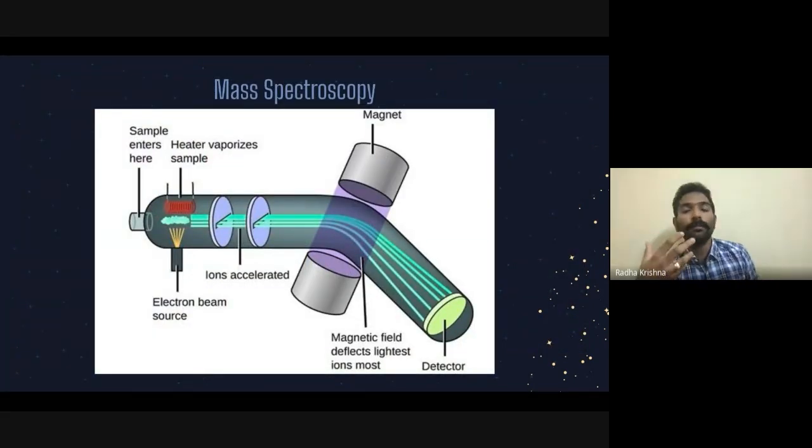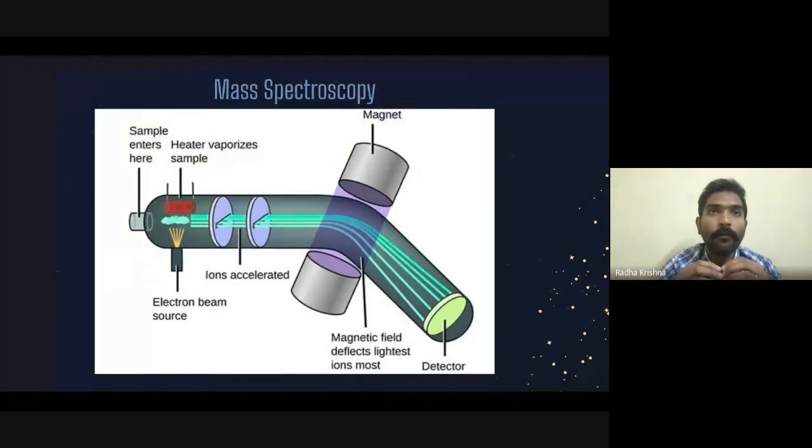The next thing is mass spectroscopy. When you speak about mass spectroscopy, it is also similar, but what you do is, let's say you have a five carbon organic compound, and what you do in mass spectroscopy is basically break it, and then you send it through magnetic fields.